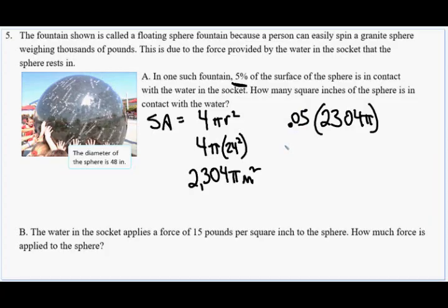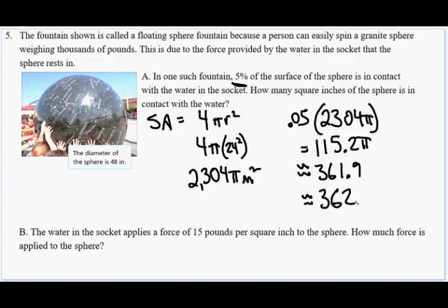So we punch that in our calculator, and we get 115.2 pi. And if we use our pi key, that's 361.9. And what the heck, let's just round that up to about 362 square inches. Again, that's how much of the surface area of the sphere is in contact with the water jet.